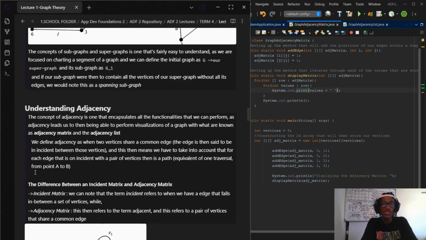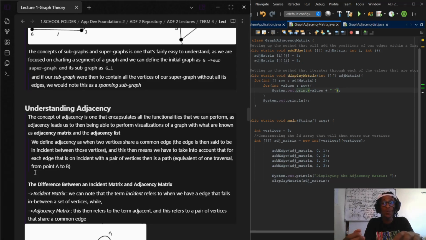Adjacency leads to us being able to perform visualizations of the graph known as the adjacency matrix and the adjacency list.